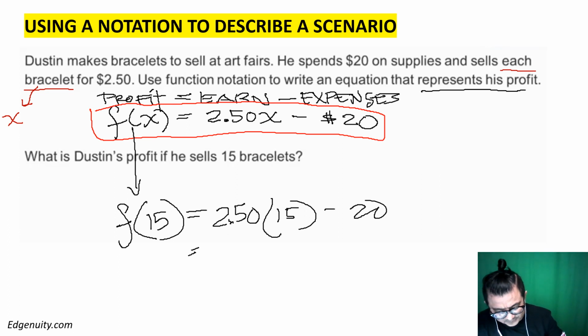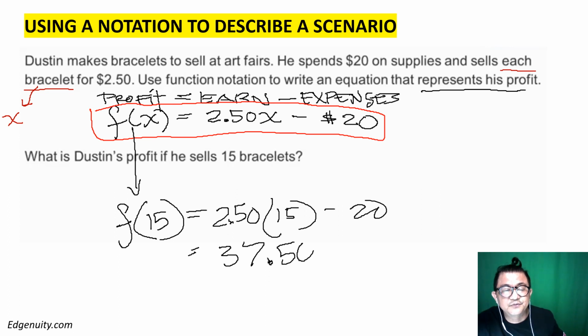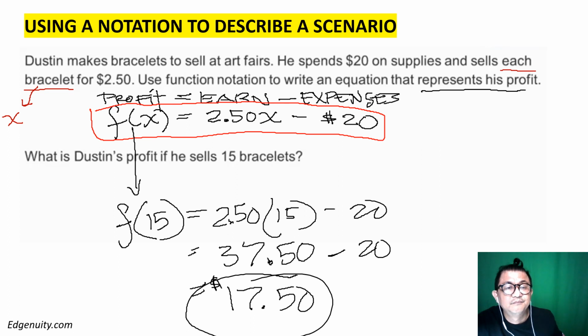So 2.50 times 15 is equal to $37.50, but take away the supplies, $37.50 minus $20, you'll get $17.50, right, in dollars. That's the profit for selling 15 bracelets.